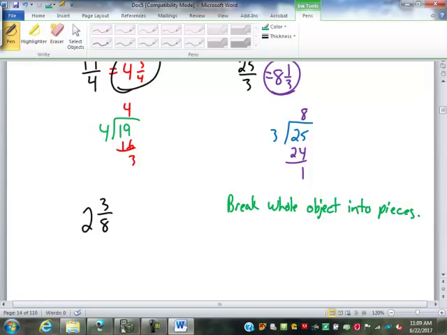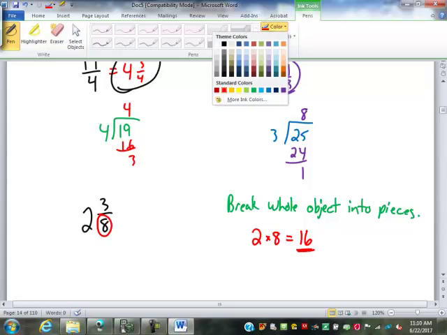Well, my whole object is 2, right? How many pieces does each whole object get broken into here? 8. Yeah, the denominator tells us it takes 8 pieces in each whole object. So what do I do to my 2? Multiply by 8. Good. There are 16 pieces in those whole objects.